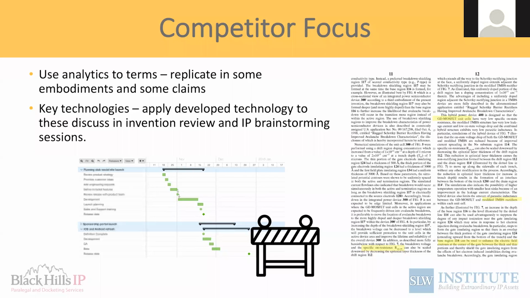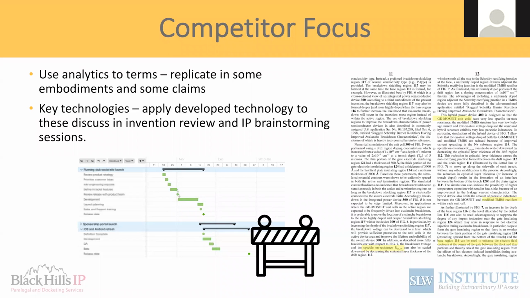Additionally, use the identification of key technologies to drive discussion topics during invention review and IP brainstorming sessions, basically saying, how can what we're developing be applied to our competitors' techniques, or the key technology that's being used in the market?